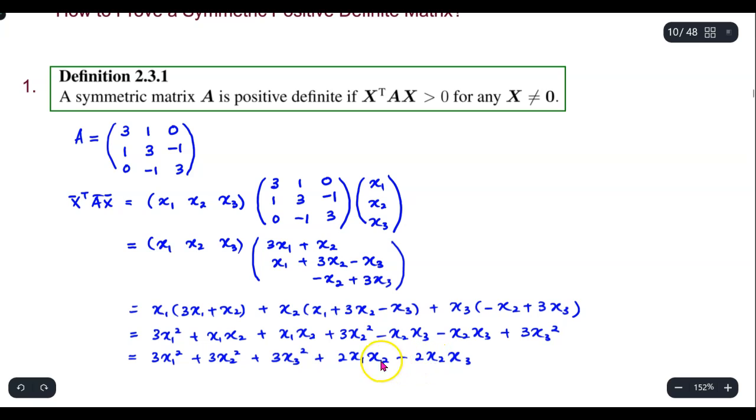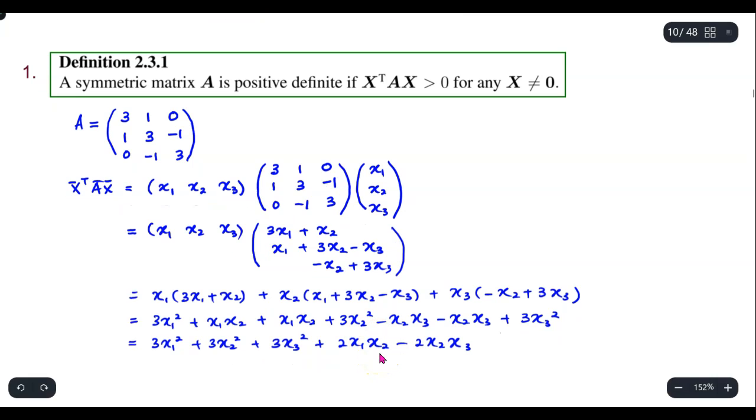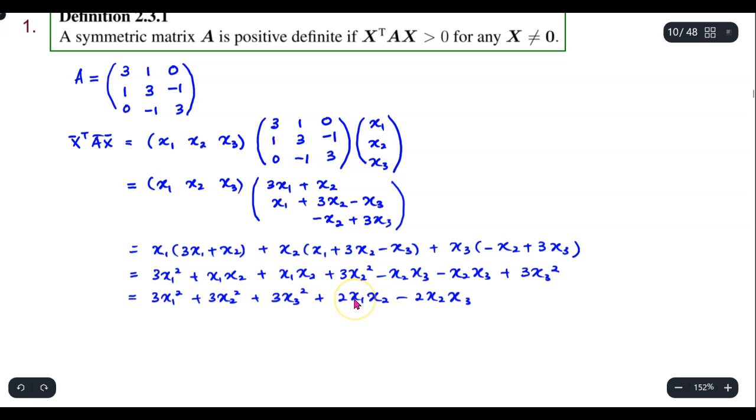But up to this point, it is still not quite clear that the expression will always be positive, because these two terms here could be negative. So the process here is to manipulate and rewrite the expression to see whether we can come out with a positive expression.